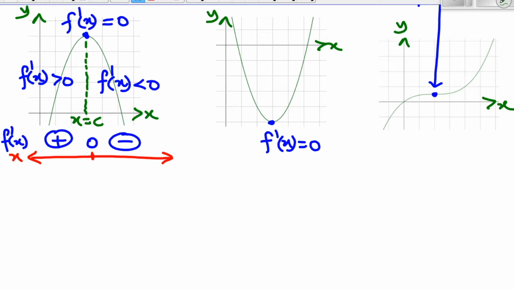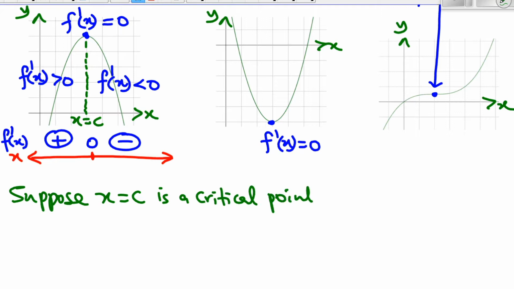So we can say that suppose x is equal to c is a critical point on the graph of y is equal to f of x.